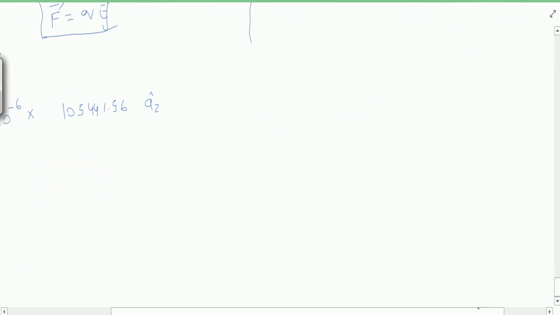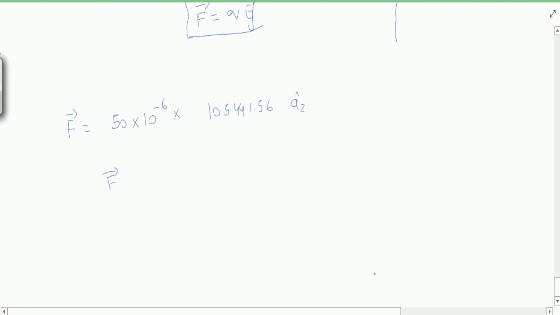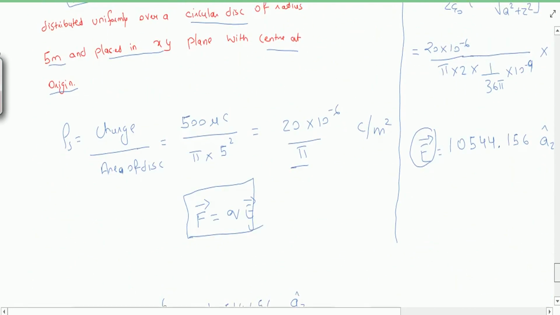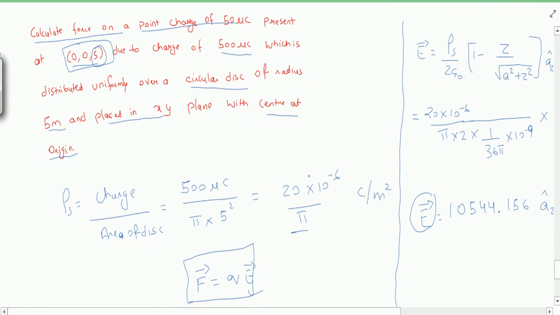So what the force becomes, if you solve this, it becomes 5.27 az cap newton. This will be the force on this small charge of 50 microcoulomb due to this circular disk. So this is the question.